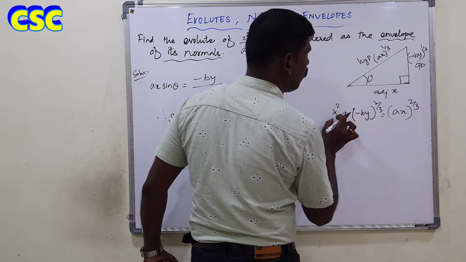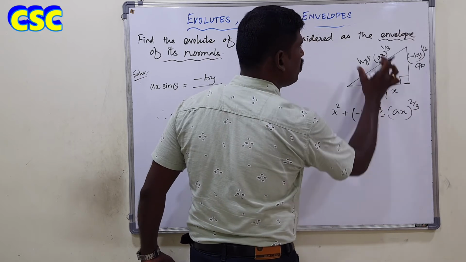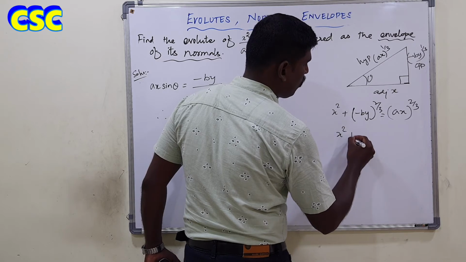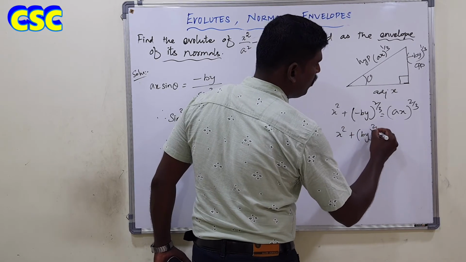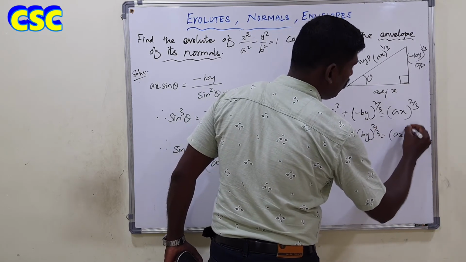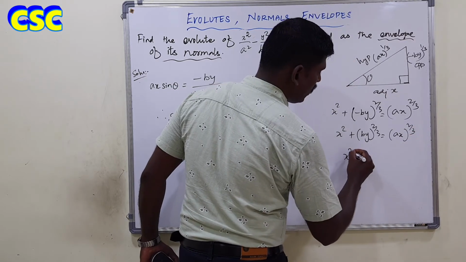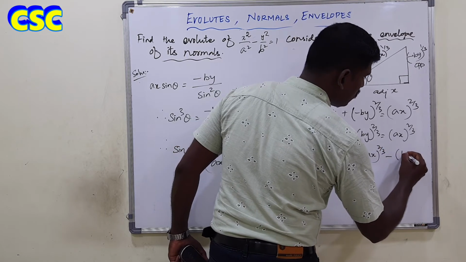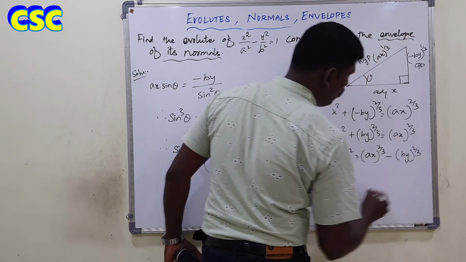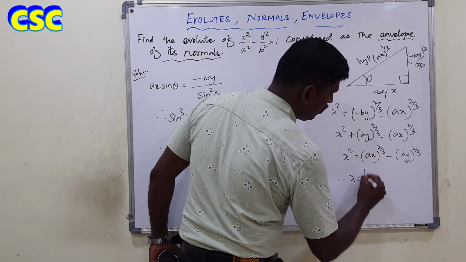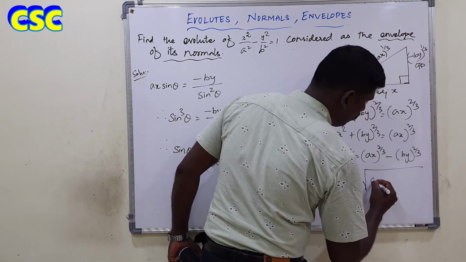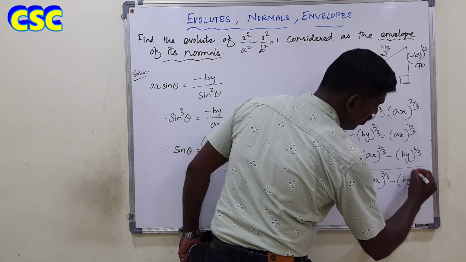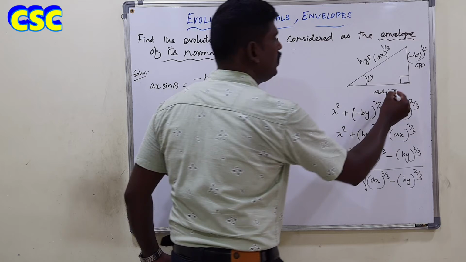When you take the square, the minus becomes plus. So x square plus by power 2 by 3 equal to ax power 2 by 3. Therefore x square is ax power 2 by 3 minus by power 2 by 3, and x is the root of ax power 2 by 3 minus by power 2 by 3. This is the value of x.